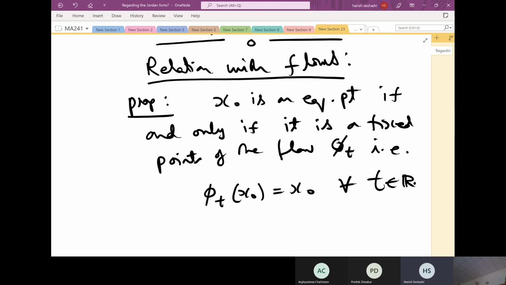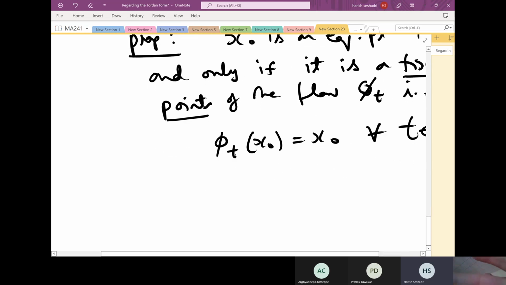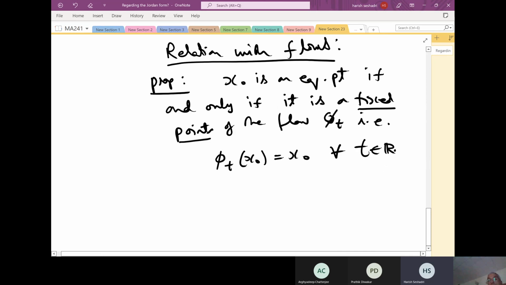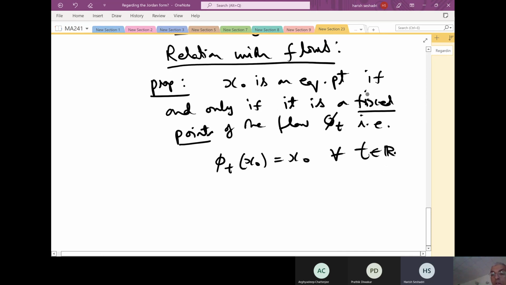And then the definition of a fixed point is just what you would have seen in other settings, metric spaces and so on. It's just that phi t x naught. So why is this the case? Well, we go by the definition of the flow.